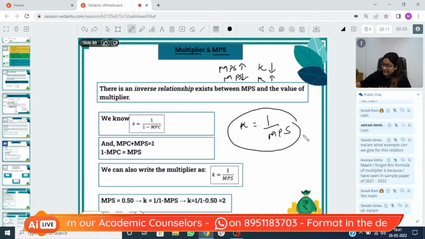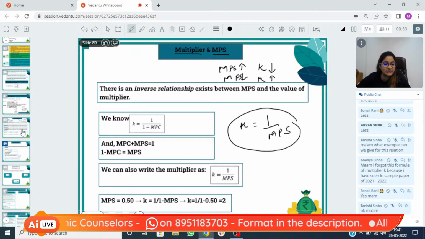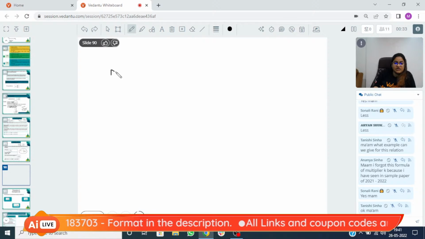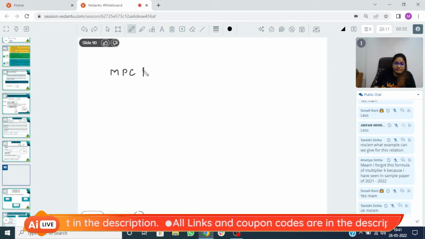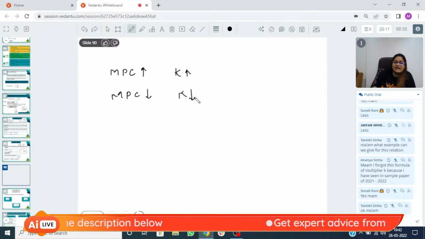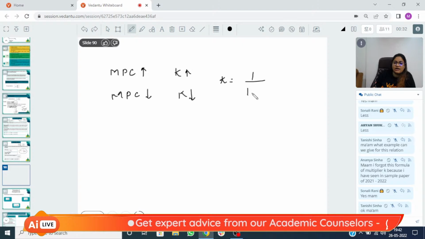So can I write the relationship as: higher the value of MPC, higher will be the value of multiplier. Lower the value of MPC, lower will be the value of multiplier. And the formula is 1 upon 1 minus MPC.